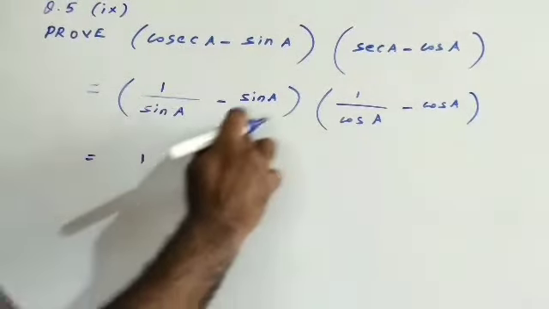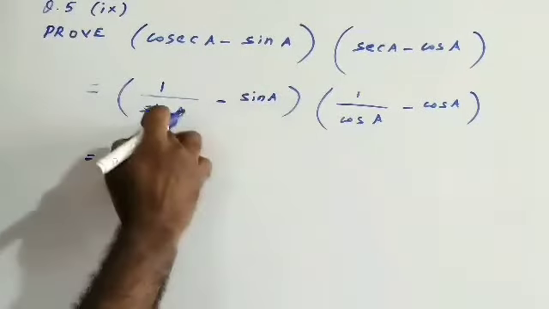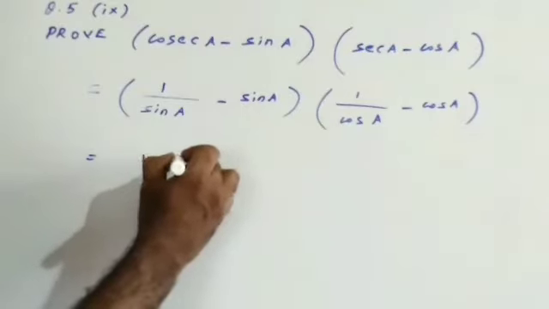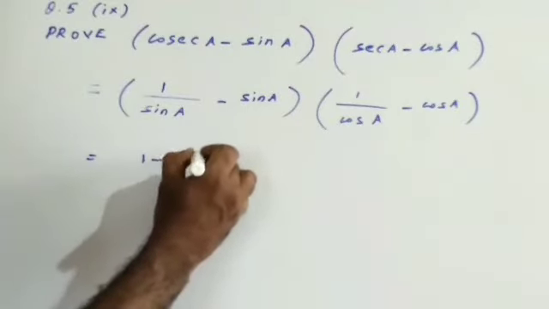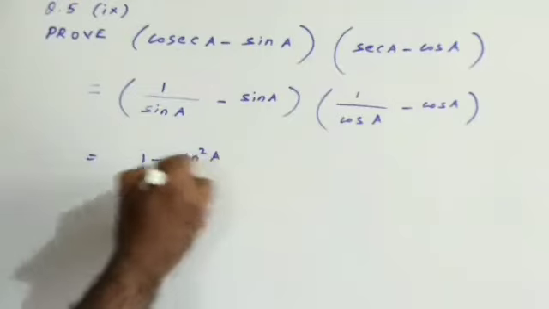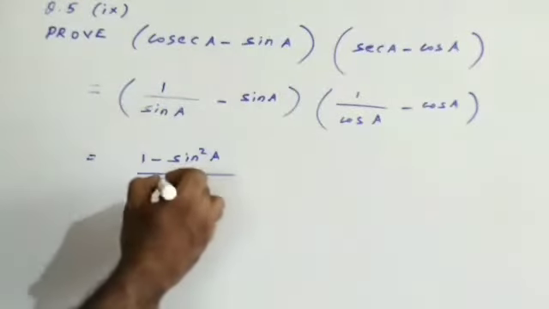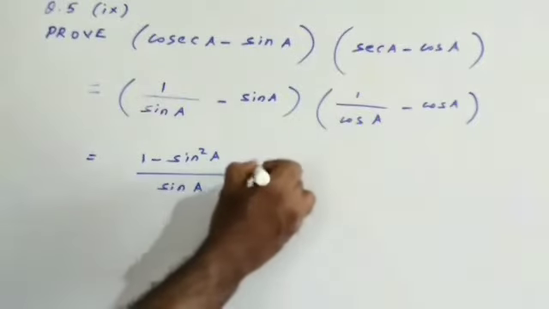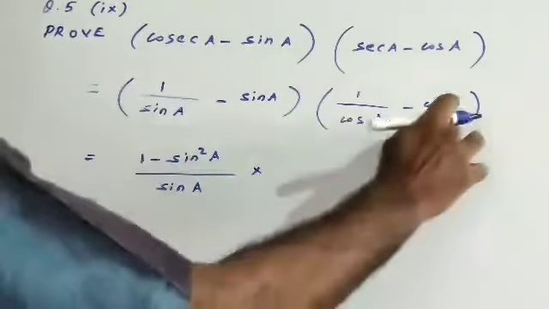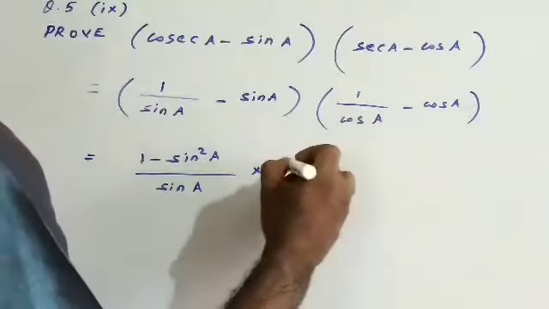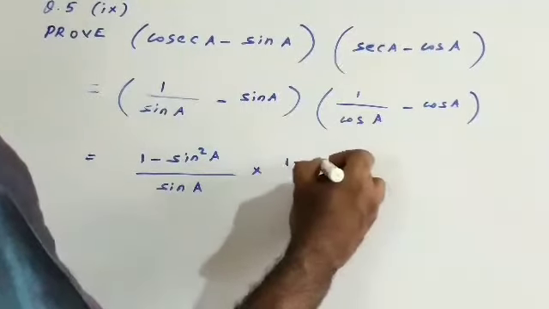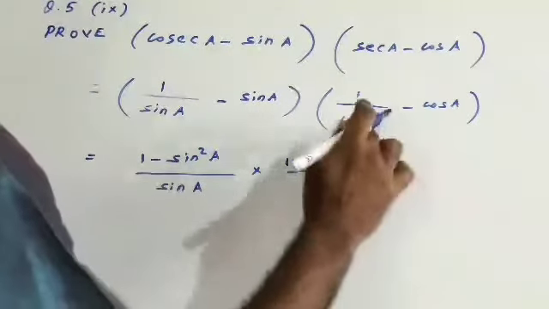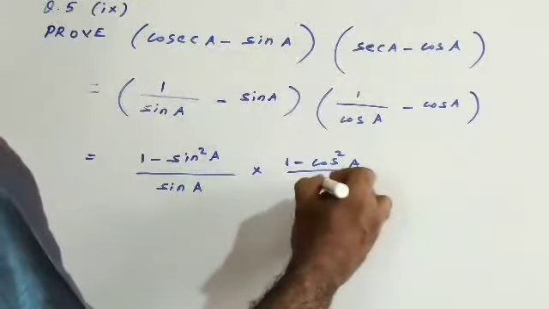Now multiplying these two terms, sin A into sin A, sin square A, 1 minus sin square A, then write sin A in the denominator. Cos A into cos A, cos square A, write 1 minus cos square A by cos A in the denominator.